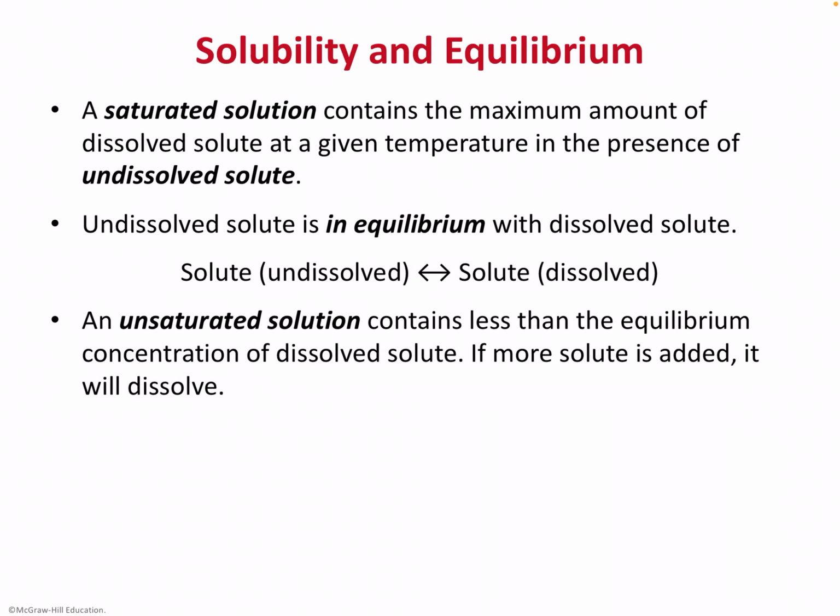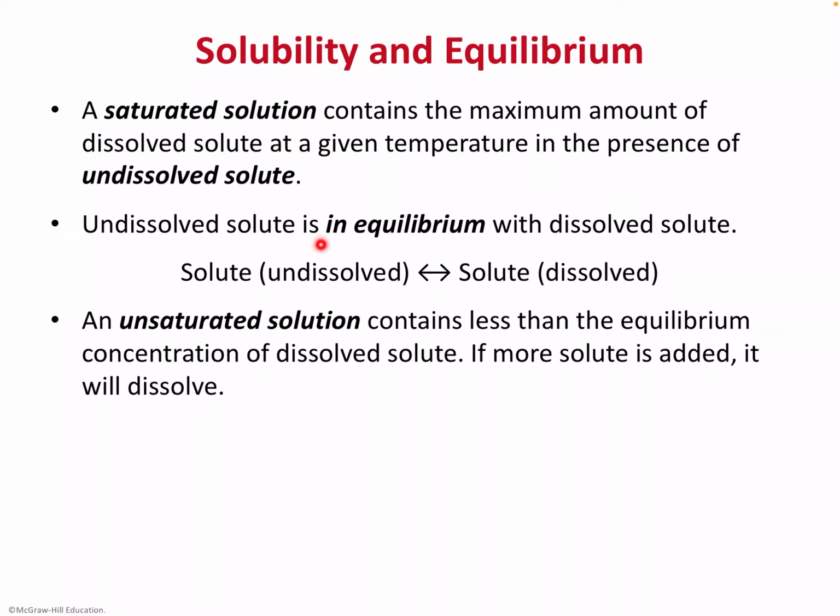Solubility and equilibrium. A saturated solution contains the maximum amount of dissolved solute at a given temperature in the presence of undissolved solute. So if you have a saturated solution, you have the maximum amount of solute that can dissolve in that particular solution.